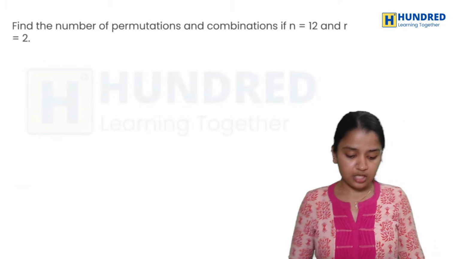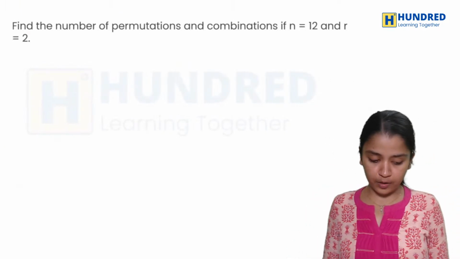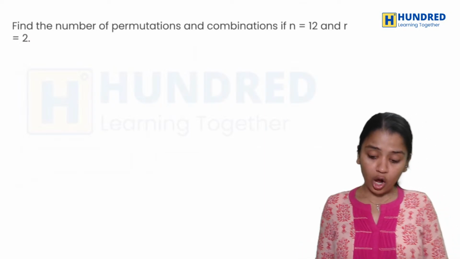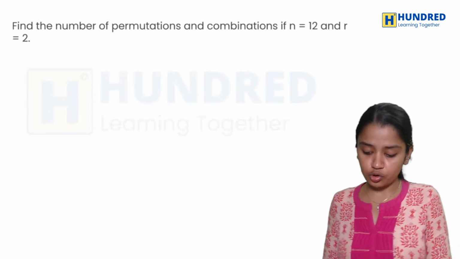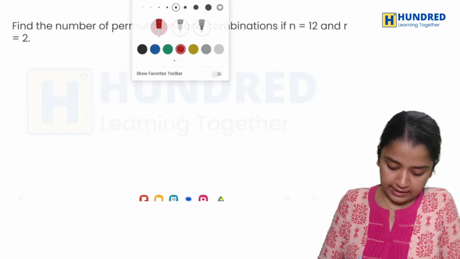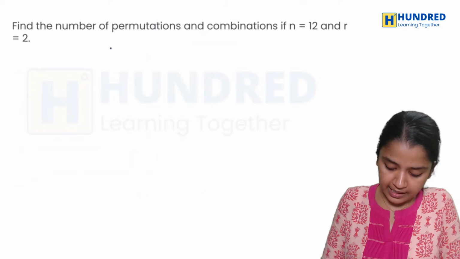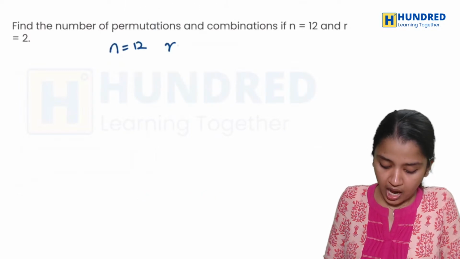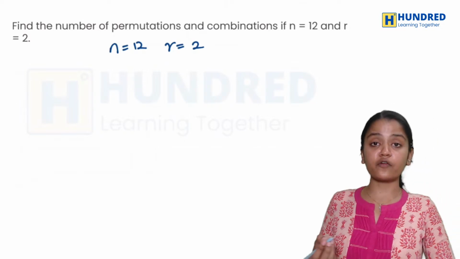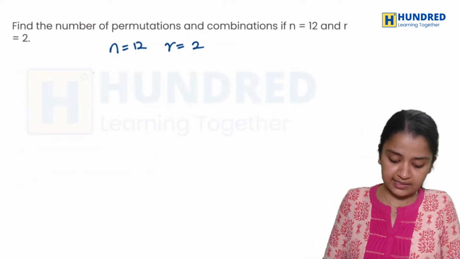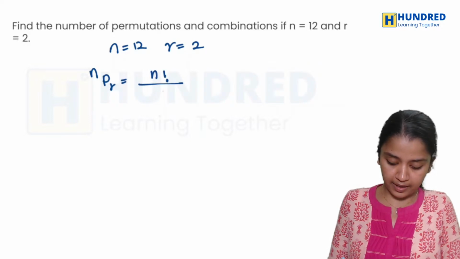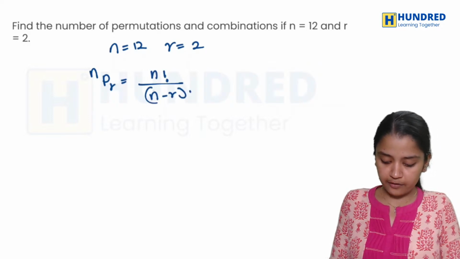Now let's find the number of permutations and combinations if n is equal to 12 and r is equal to 2. So basically here it is given my n is equal to 12, r is equal to 2. So what is the number of permutations they are asking? nPr is nothing but n factorial by (n minus r) factorial.